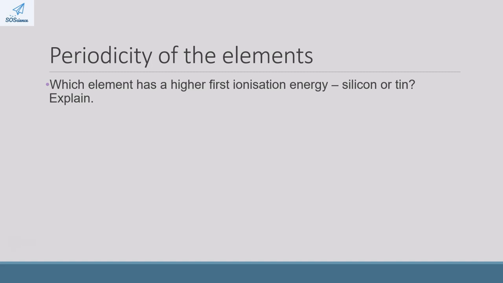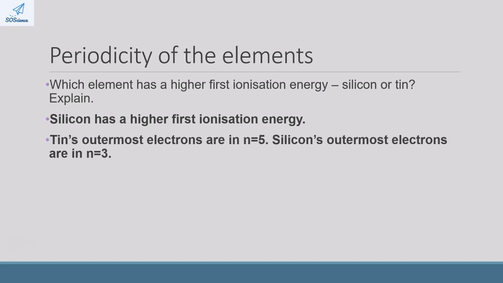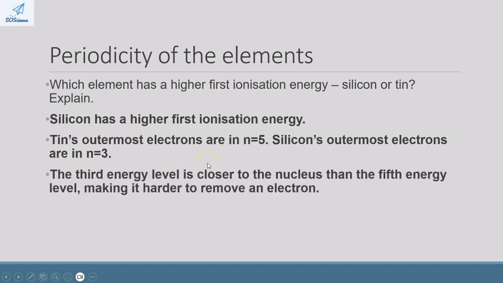Which element has a higher first ionization energy, silicon or tin? We answered this question already based on atomic radius. In this case, we would say that silicon has a higher first ionization energy. The reason is that tin's outermost electrons are in the 5th energy level, and silicon's outermost electrons are in the 3rd energy level. Now, it takes more energy to remove an electron from the 3rd energy level relative to the 5th energy level.